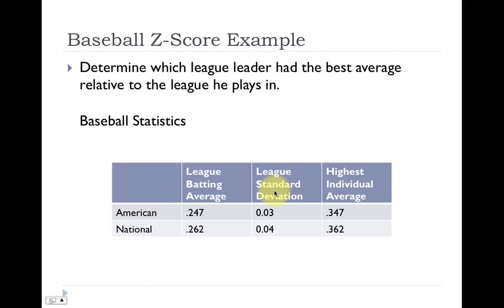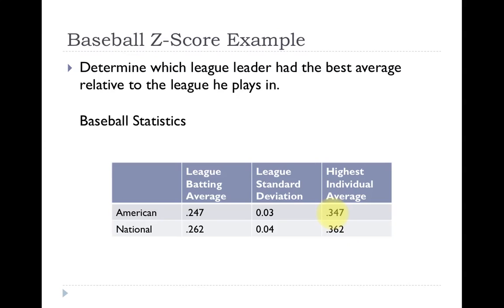We have the standard deviation, 0.03 and 0.04. And we have the highest individual average. So by league leader, we mean the best player in that league had an average of 0.347 in the American League, and the National League leader had 0.362.